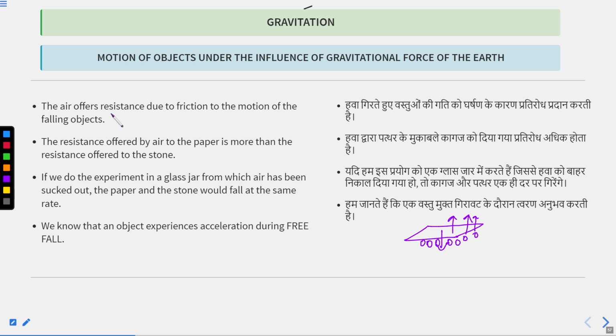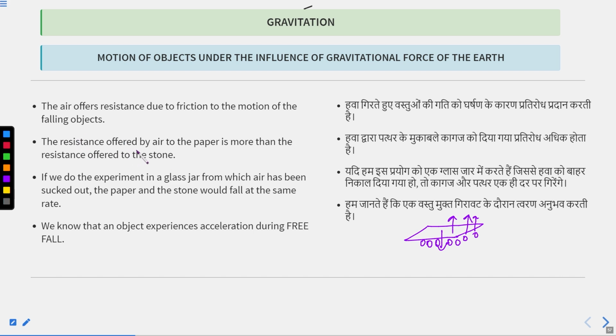The air often resists the motion of the falling object due to friction. Any object which is falling downward generates friction between air particles and its motion. The air particles will resist this motion, known as air resistance.